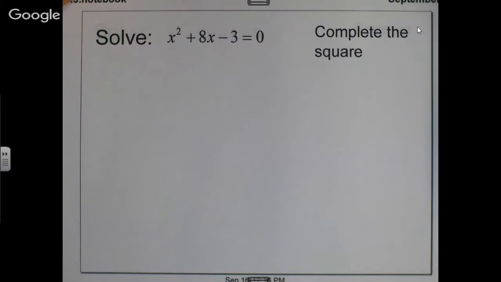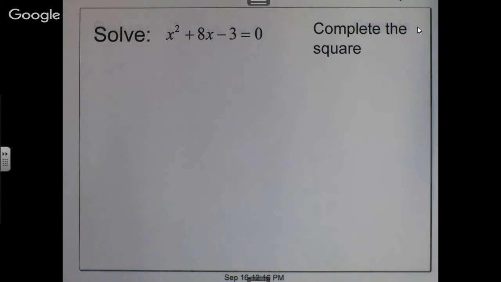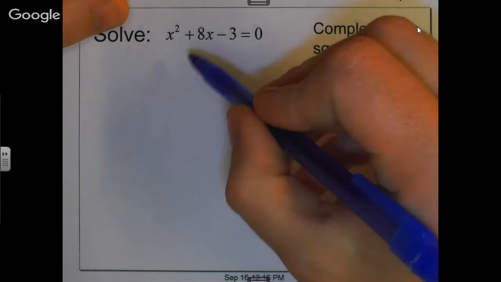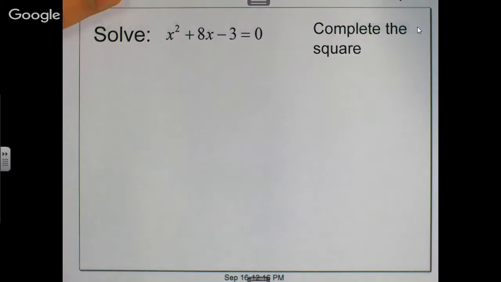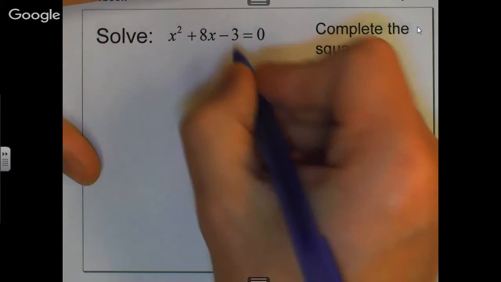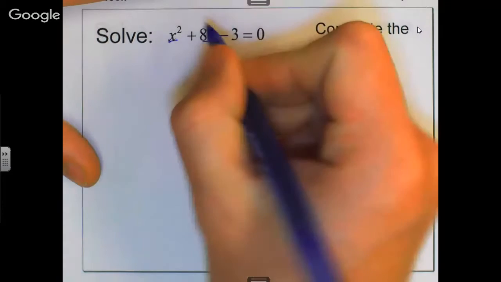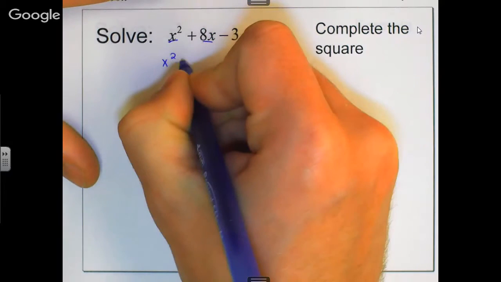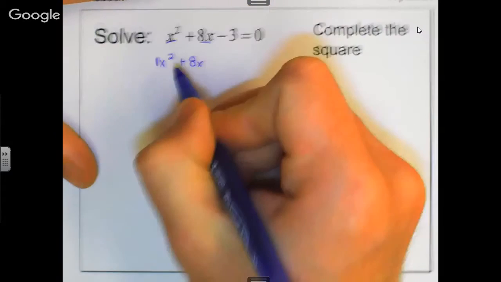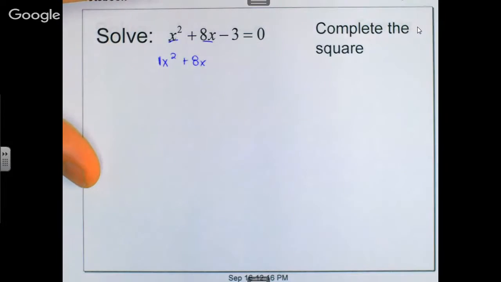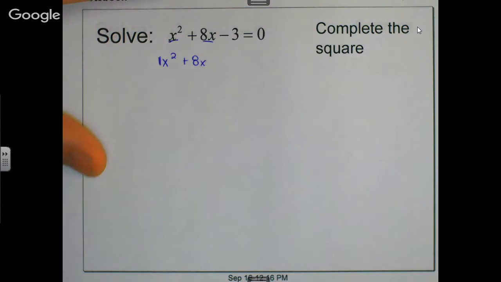Completing the square. The process of completing the square is making this equation so that I can factor it. Okay, that's what I'm doing. So we will first isolate my x's. So x squared plus 8x, okay, making sure that this is a 1. If that's not a 1, which we'll see here in just a second, I have to take care of that.